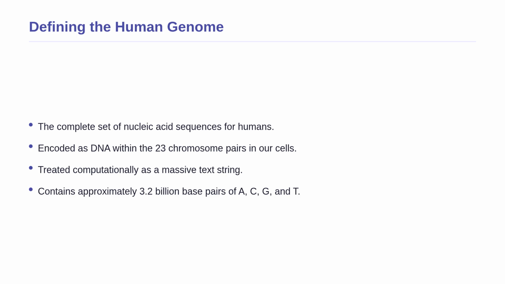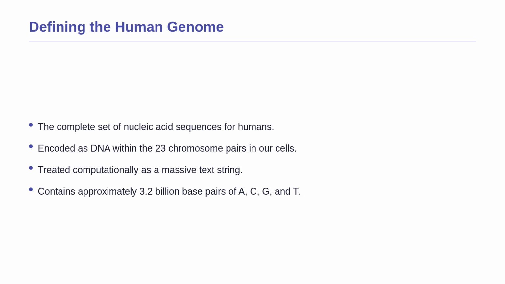Now that we have an intuitive grasp, let us formally define what we are working with. The human genome is the complete set of nucleic acid sequences for humans. It is encoded as DNA within the 23 chromosome pairs in our cells. In computational biology, we do not just look at this as biology.